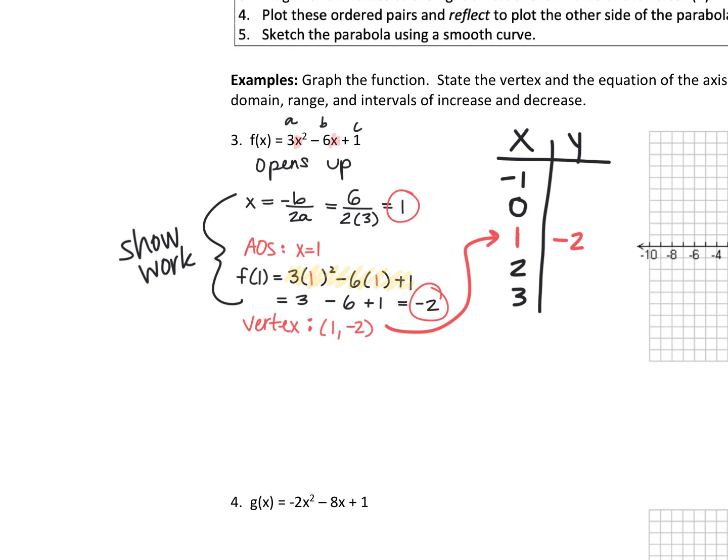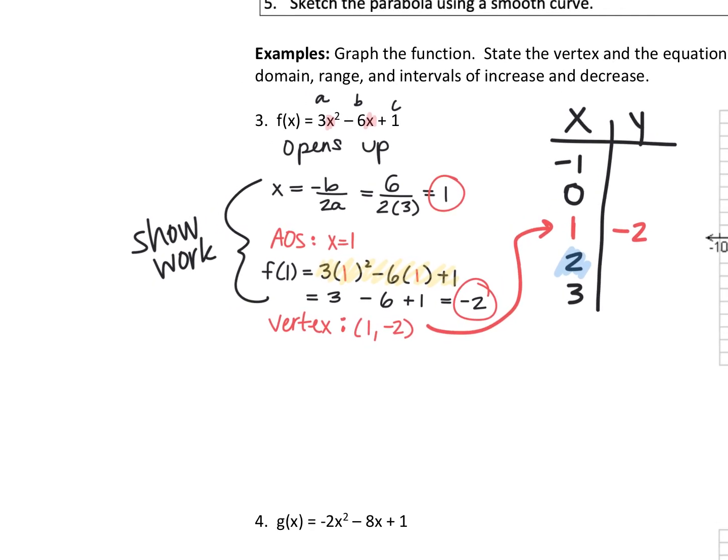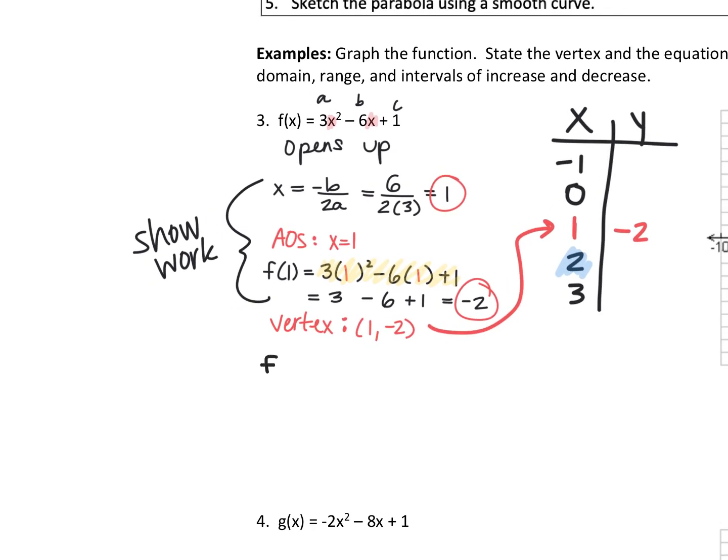Okay, I'm going to show the long way again. We've been plugging x values in to get y values. Same thing here. I'm going to plug in my x values of 2 and 3 to get what my y values are. So we'll take 2 now, and I'm going to plug it in. So f of 2, again, I'm going to do the parentheses first.